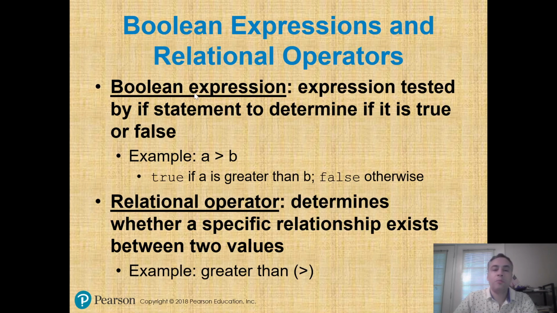Okay, so Boolean expressions. This is something to evaluate to true or false. This may seem very superficial and very binary, but you can do a lot with it if you master Boolean expressions.